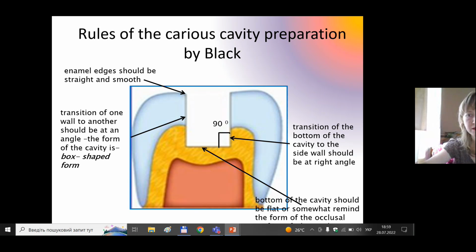Transition of one wall into another should be at 90 degrees. General shape for the caries cavity according to Black's principles should be box shaped.